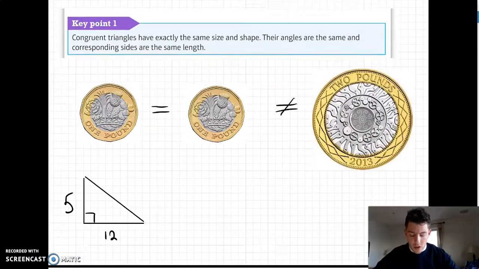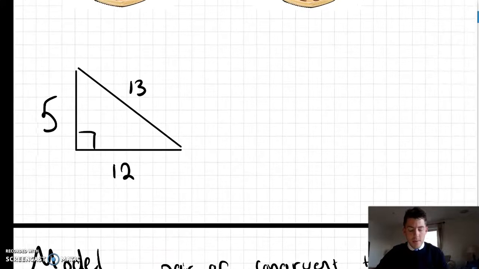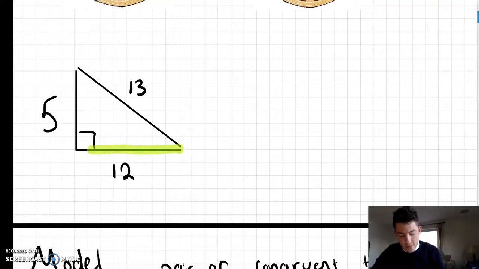So for example, if I draw this triangle here, well, we know by Pythagoras that this has to be 13. If you try on a piece of paper, it is impossible to do otherwise. So we've got a side of 12, an angle of 90 degrees, and another side here.